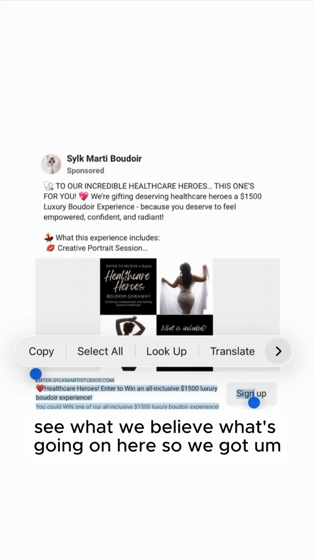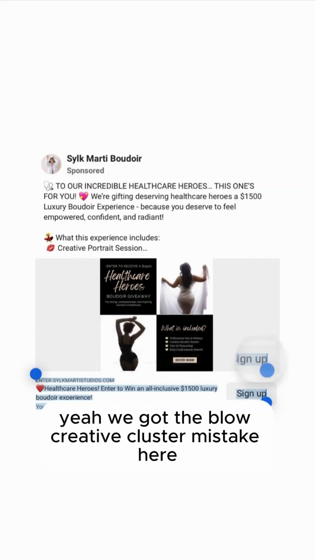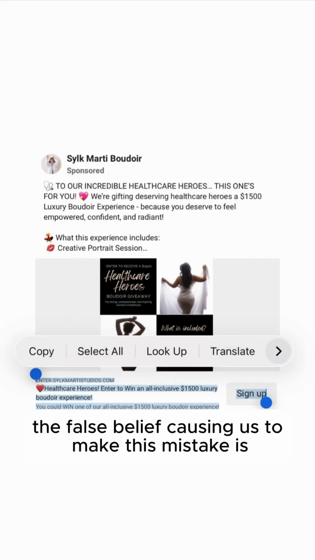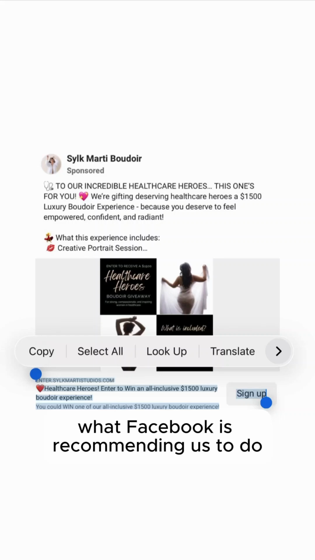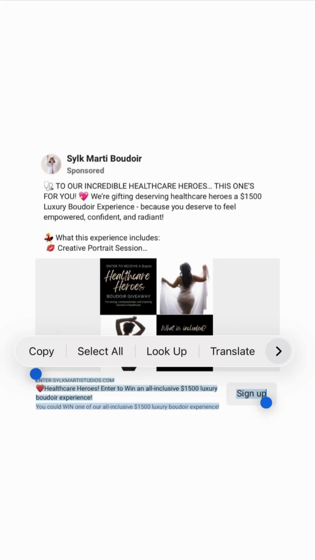So we've got the below creative cluster mistake here. The false belief causing us to make this mistake is we are following what Facebook is recommending us to do.